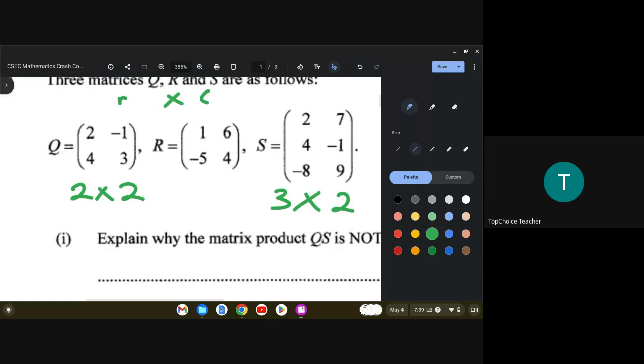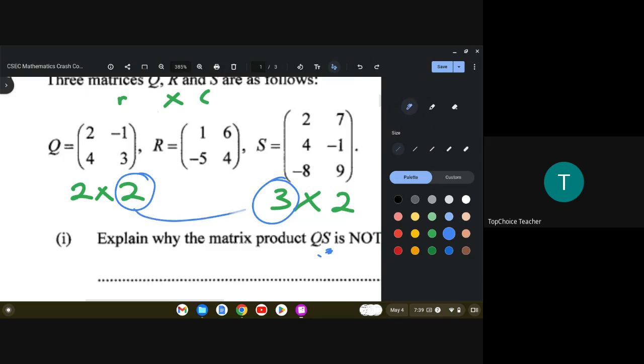The test for compatibility is as simple as this. You write down your orders and you compare these numbers. Q is the first letter, so you write Q first. S is the second letter, so you write S after.